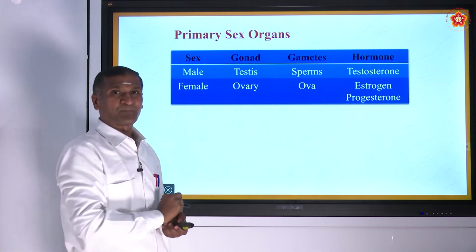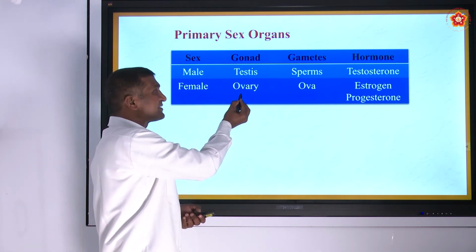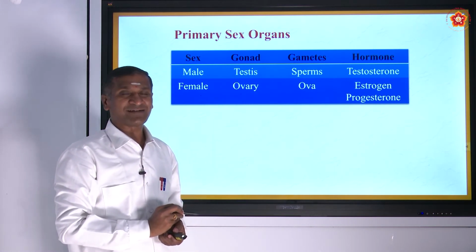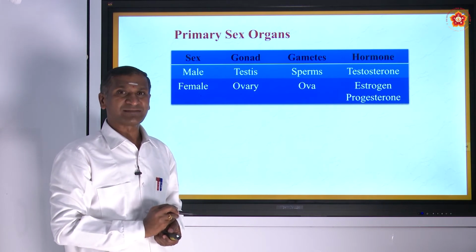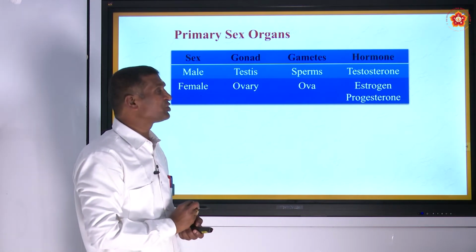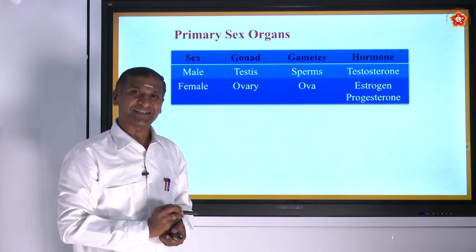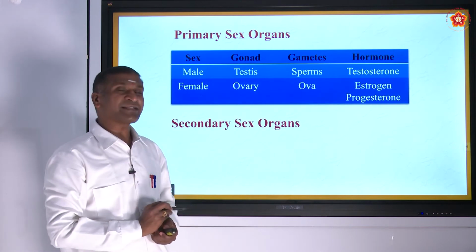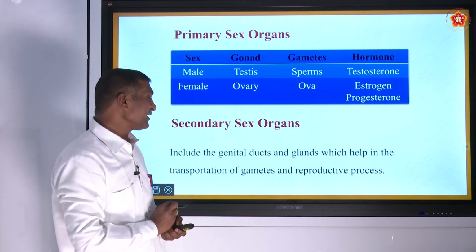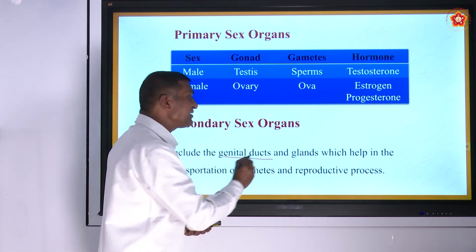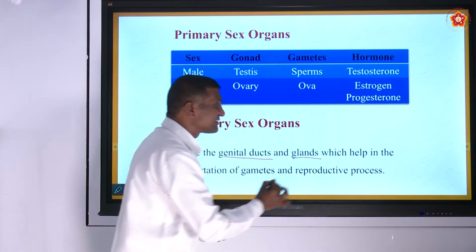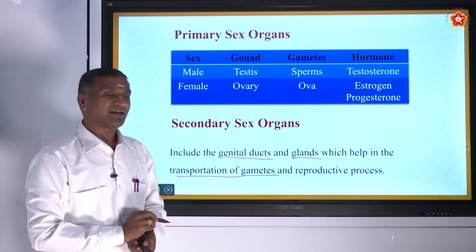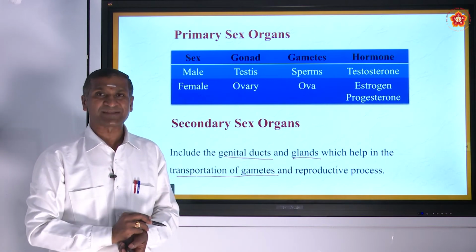In the female sex, the gonad is the ovary, the gamete is the ovum, and the hormones are estrogen and progesterone. The secondary sex organs mainly include the genital ducts and the glands, which help in transportation of gametes and the reproductive process.